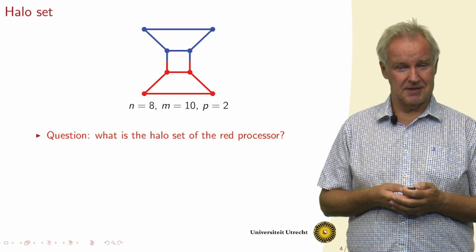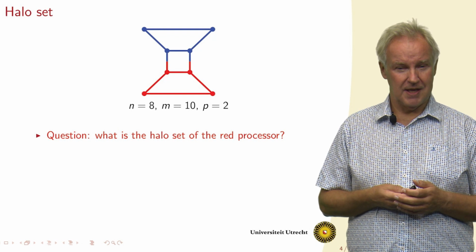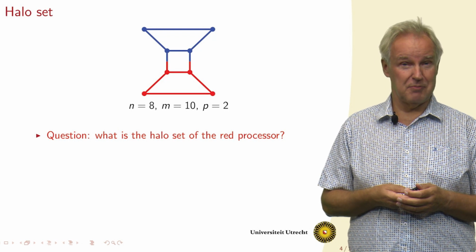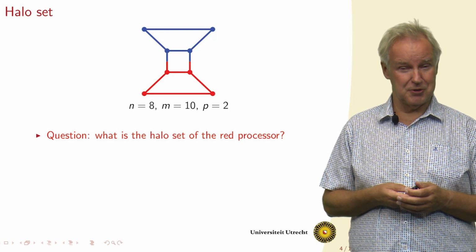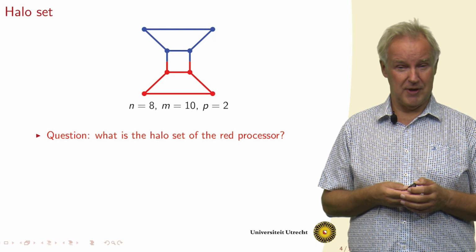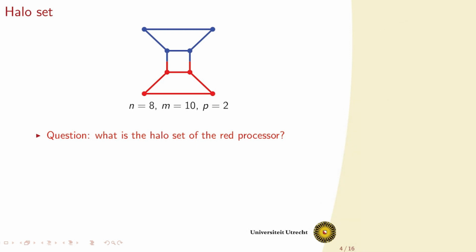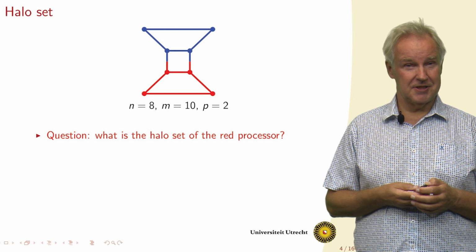The halo set of this partitioned graph consists of a number of vertices, and my question to you: what is the halo set of the red processor? Here you see the answer.